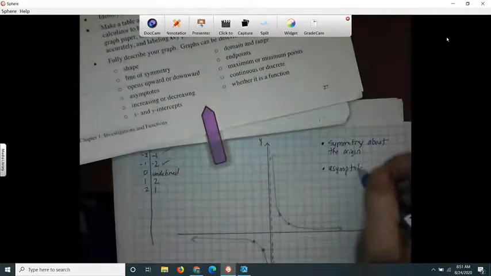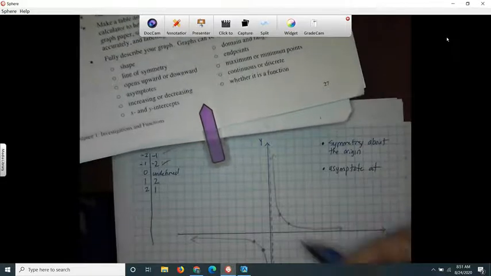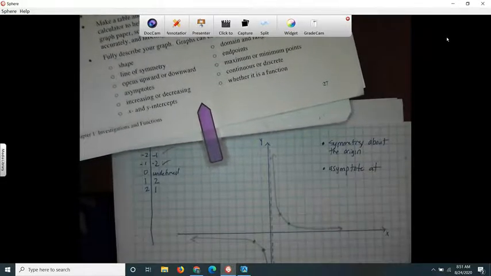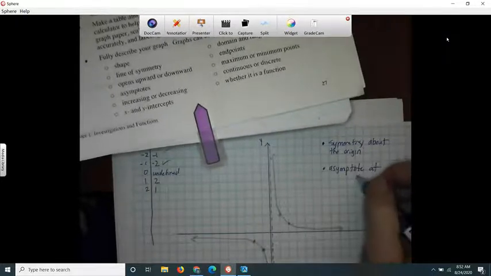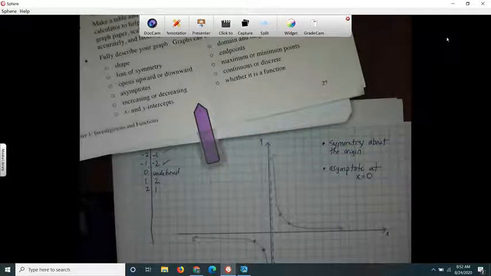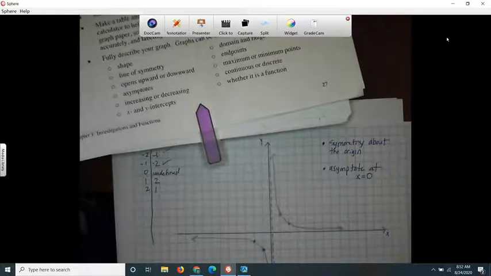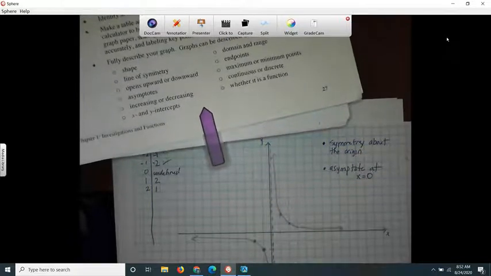What is this dotted line? What's the equation of it? I guess it would be x equals 0. Okay, and then increasing or decreasing, well, it's kind of doing both. I'm not going to really use that. X and Y intercepts, there aren't any.